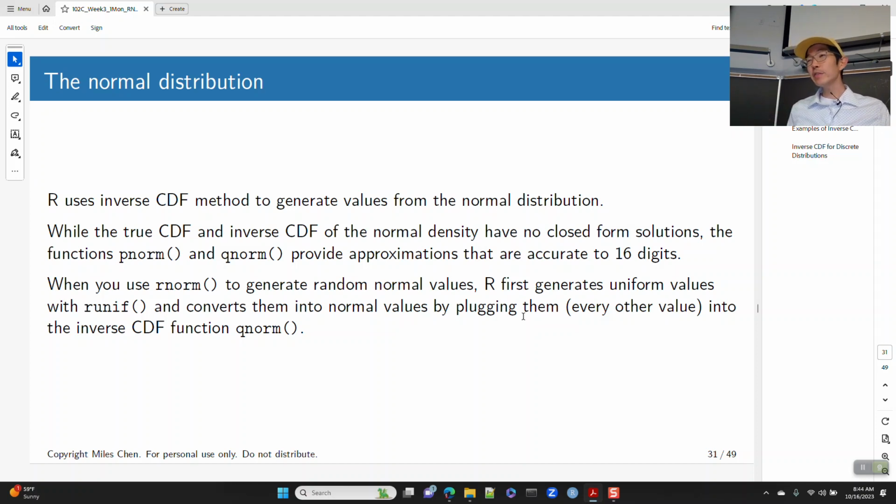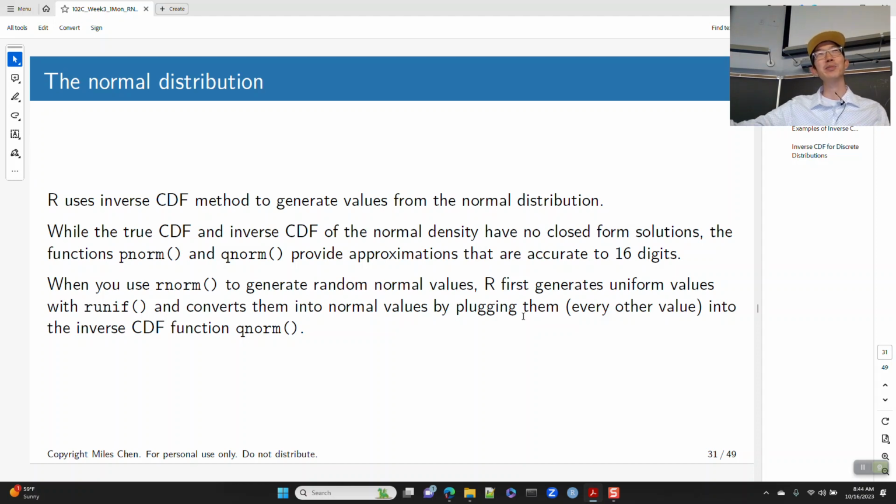This inverse CDF method is actually how R generates values from the normal distribution. There's a little bit of irony here, because in 100B we always tell you that there's no closed form solution to the CDF of a normal distribution, right?